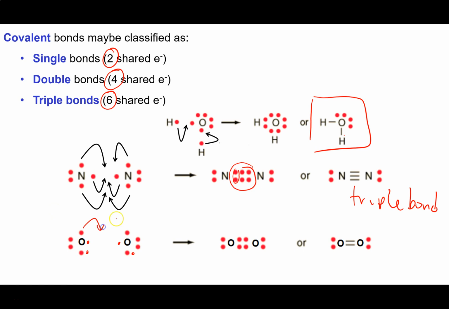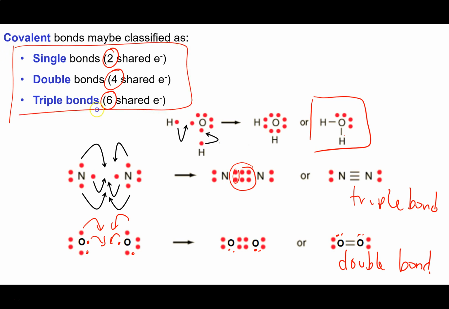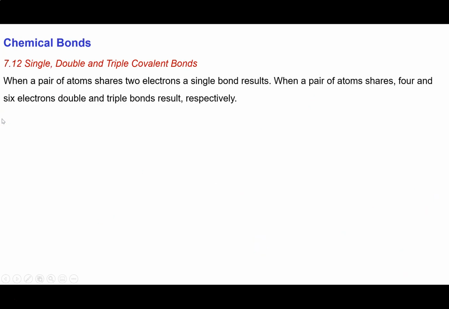When these atoms share their electrons, we end up with a double bond between the 2 oxygen atoms. So these are the possibilities for covalent bonds. We don't see quadruple bonds with 8 shared electrons.